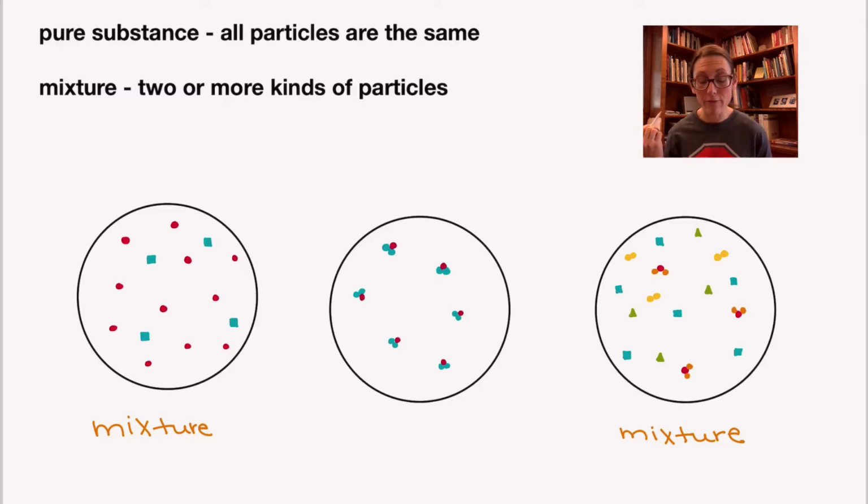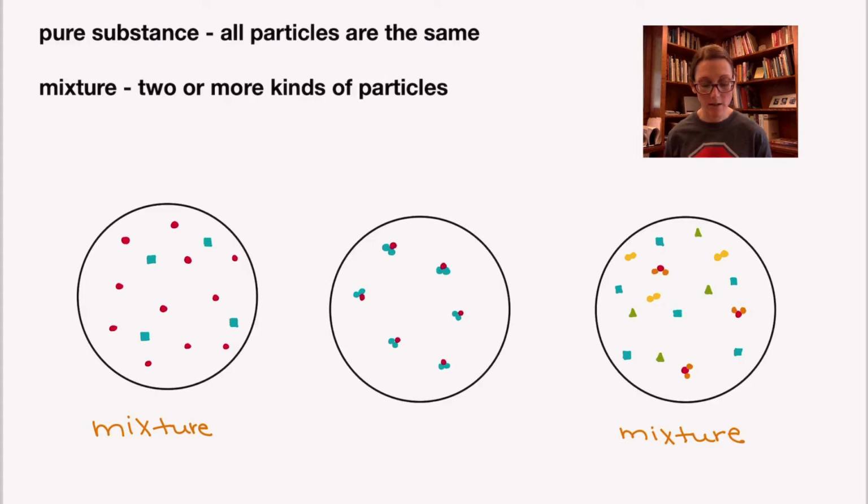On the right, I have 4 different kinds of particles. I've got blue ones, green ones, some yellow ones, and then a particle that's made of red and 2 orange smaller atoms. And so you can recognize a mixture on a particle visualization level because you've got more than one type of particle.